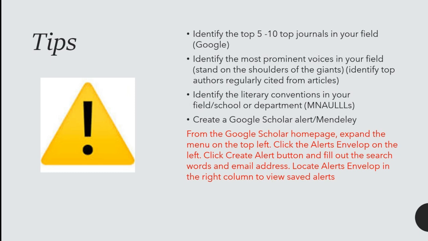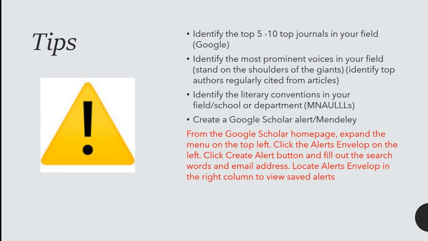Then identifying the most prominent voices in your field. When we do research, we stand on the shoulders of giants, or we very often start off standing on the shoulders of giants. So it's important to identify who the top authors regularly cited in articles are, who the top theorists potentially are, and that would then help you in identifying some of these prominent voices or discourses.